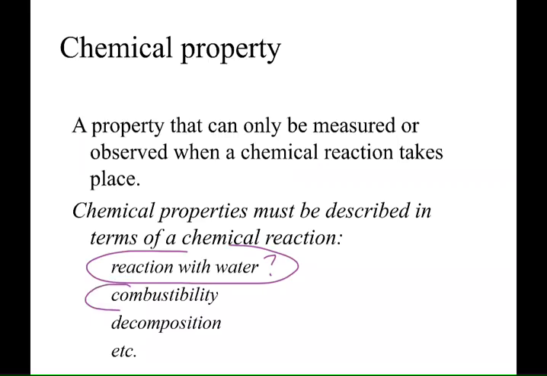We talked about burning paper. Will that paper burn? When we burn the paper to see if it will burn, we are destroying the paper. It's a destructive test. New substances are formed. A chemical reaction has to occur to measure that chemical property.